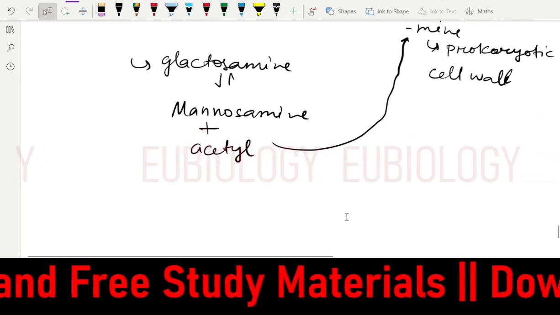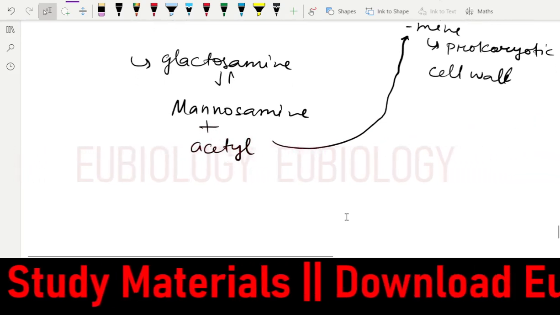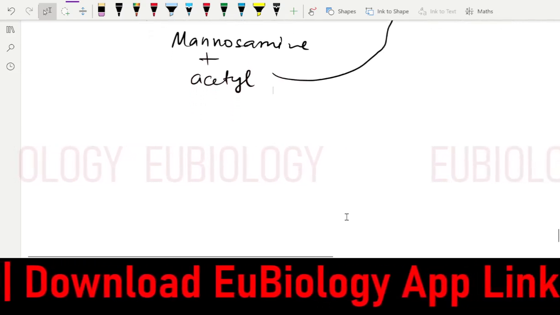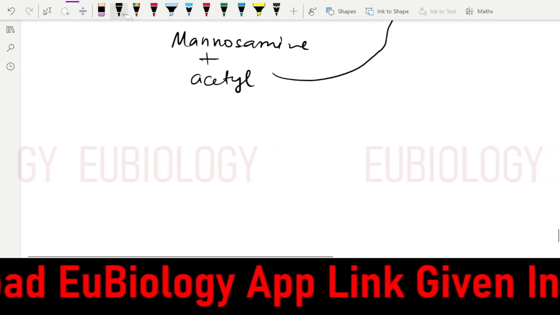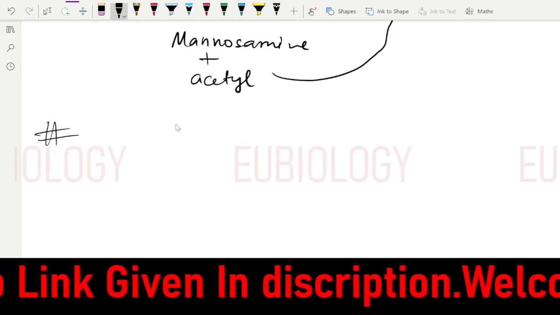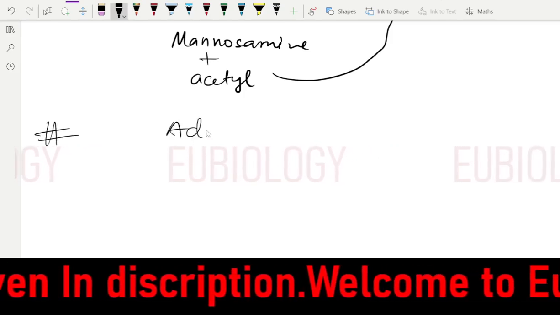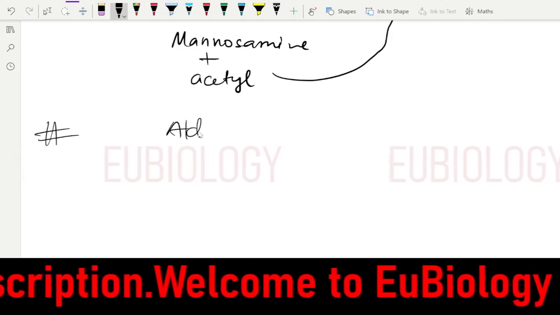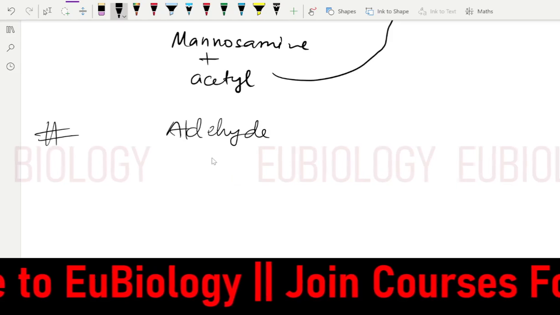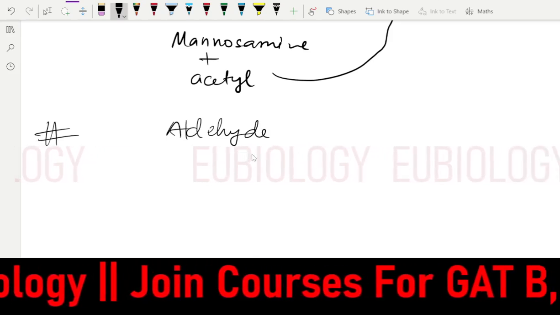So oxidation of the aldehyde carbonyl carbon of glucose produces gluconic acid. What is happening here?